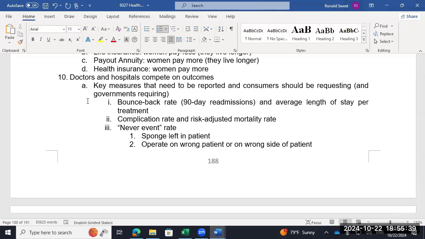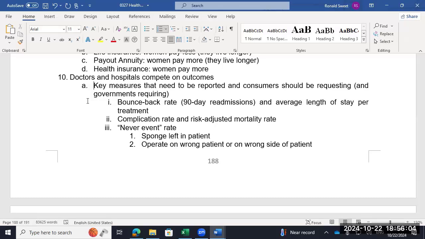What about the bounce back rate? You're supposed to go home and be cured, and yet 90 days later, you got to come back into the hospital because of some complication. How long are you staying for this treatment? Are you staying 1 day or 3 days? Remember, hospitals may have you stay 3 days, not because they need to monitor you, but because they have excess hospital beds. So remember, cities that have excess beds, the hospital stays longer.